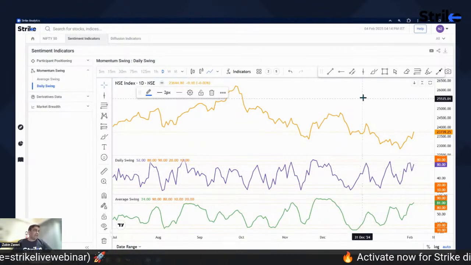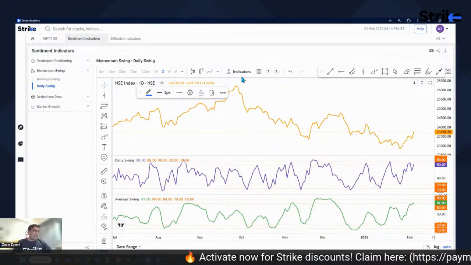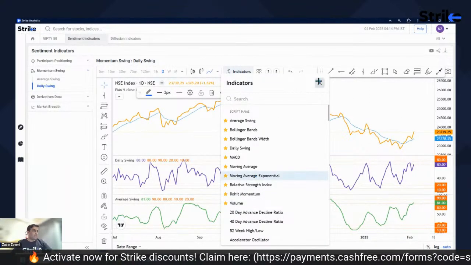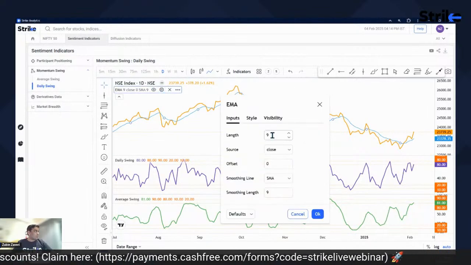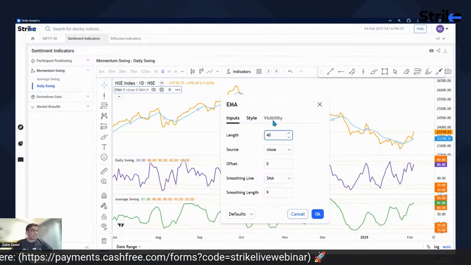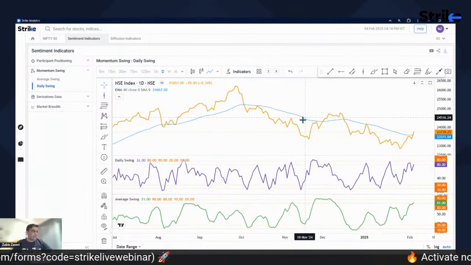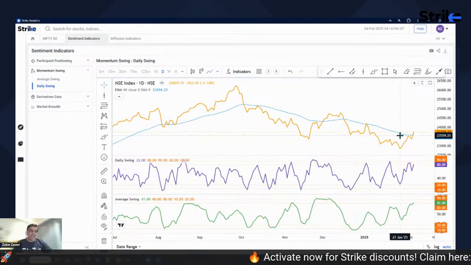That is one way you can find out a trend. Another way is you simply put up the 40 period moving average. I'll convert this into a 40 period moving average line. You can see this thin blue line over here is a 40 period exponential moving average.